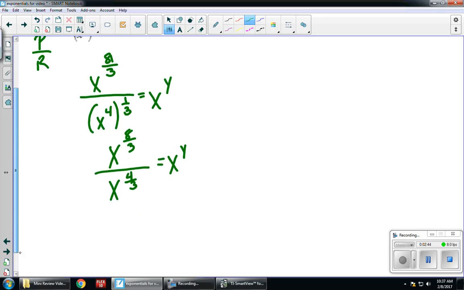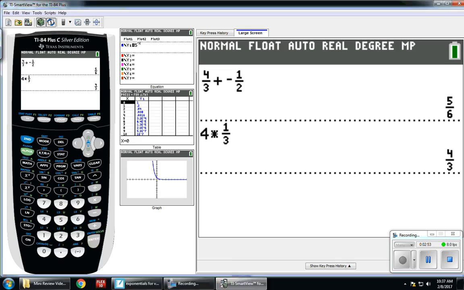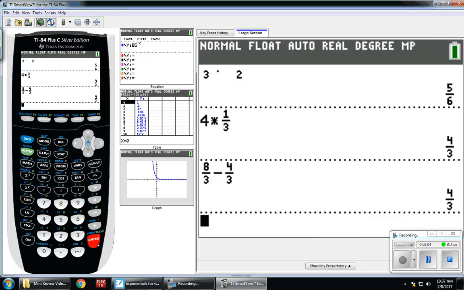Now, I have division. When I divide, my laws of exponents tell me to subtract. So back to my calculator. 8/3 minus 4/3, and I get 4/3.